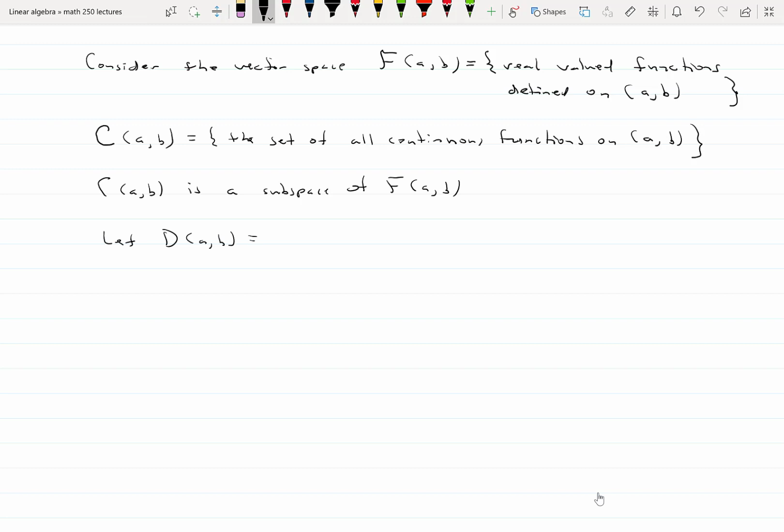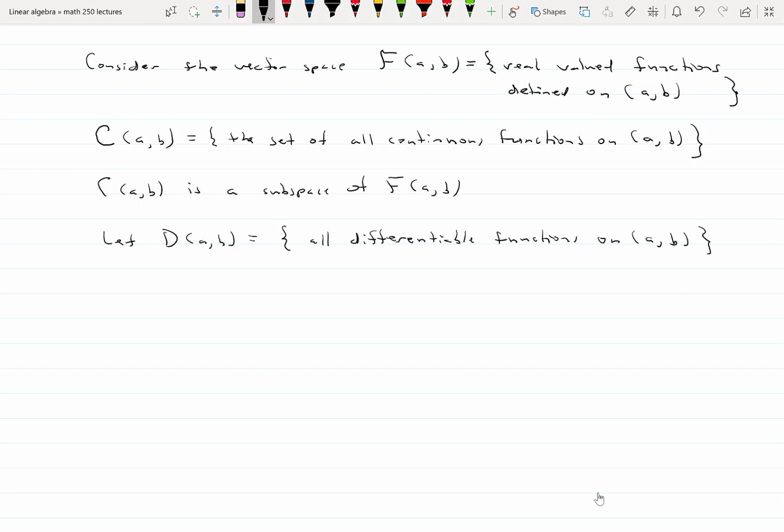Let DAB equal the set of all differentiable functions on the interval from A to B. Again, this is a set we looked at in Calc 1, although you probably didn't think about it too often as, if at all, as DAB.